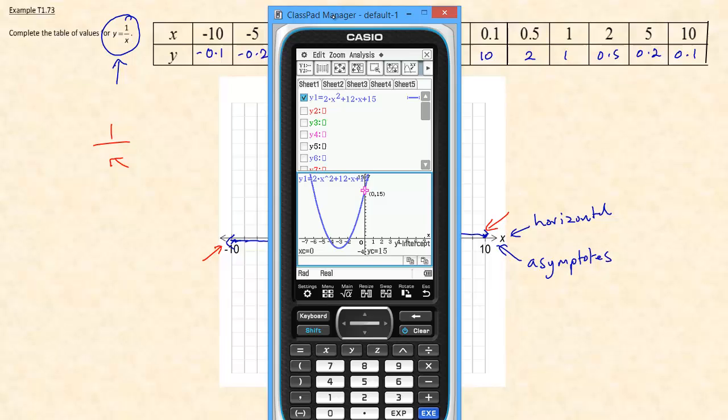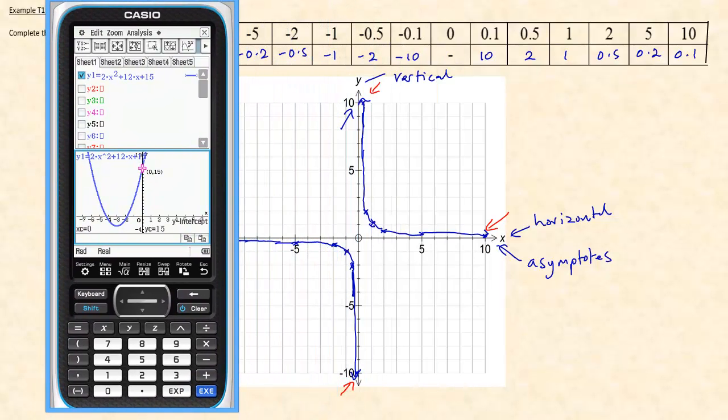Now we can certainly plot this graph on the calculator as well.